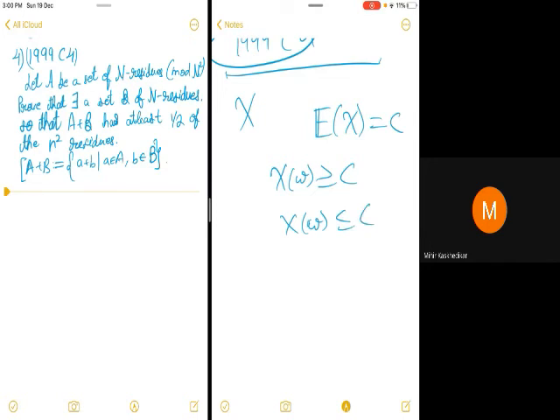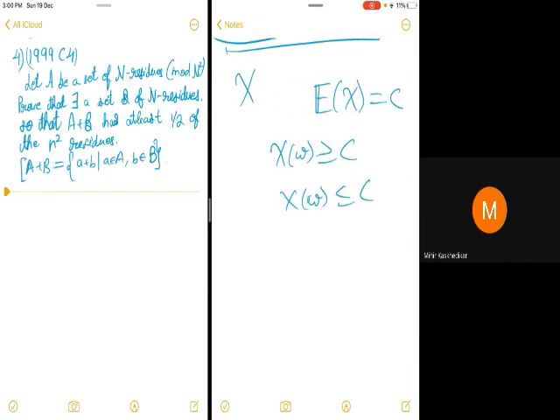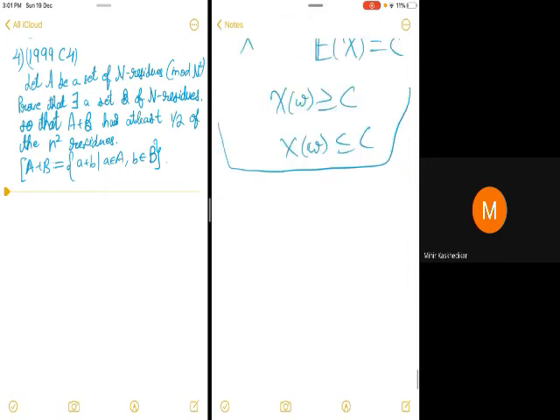This is basically equivalent to a sort of pigeonhole idea, or you can get it by writing the expected value of X as a definition, and then by a simple inequality argument. But do you see why this should be true? Yes. Okay.